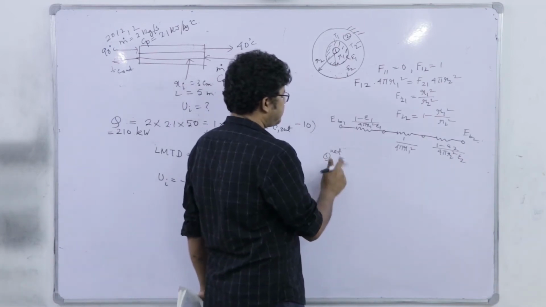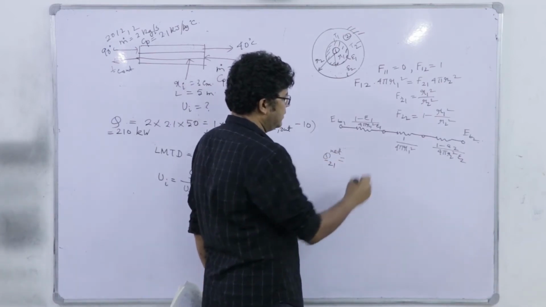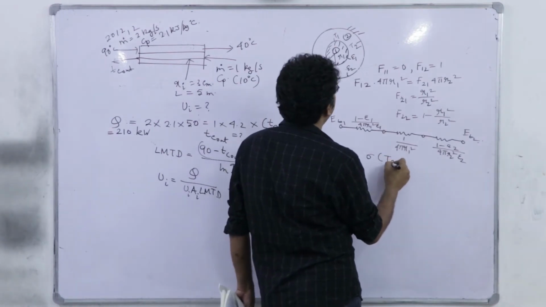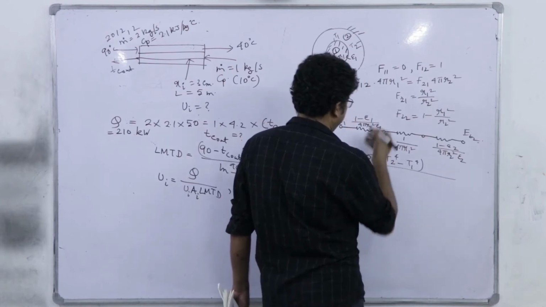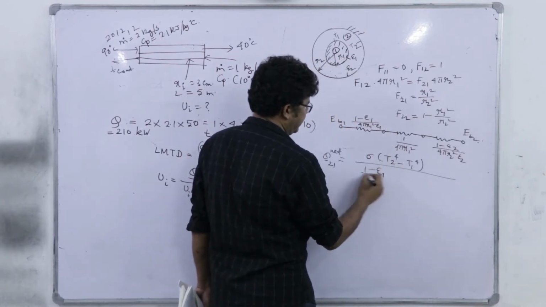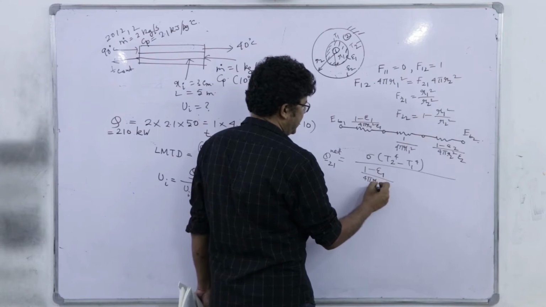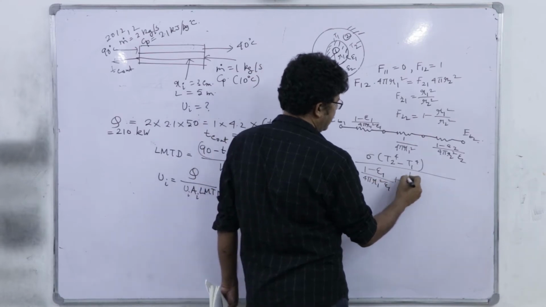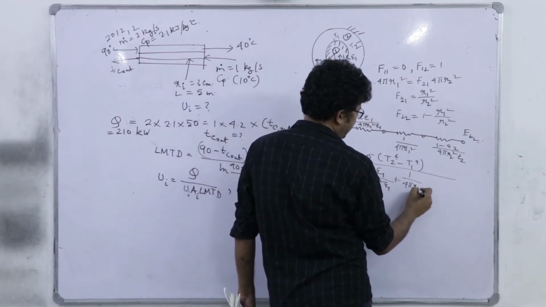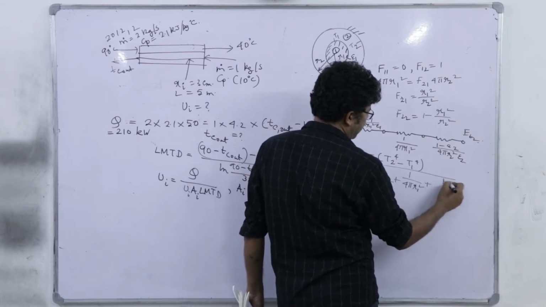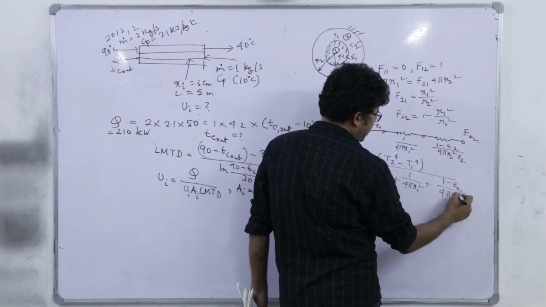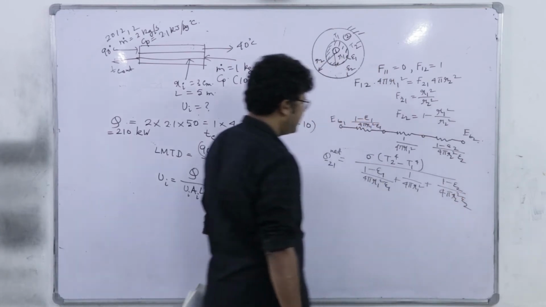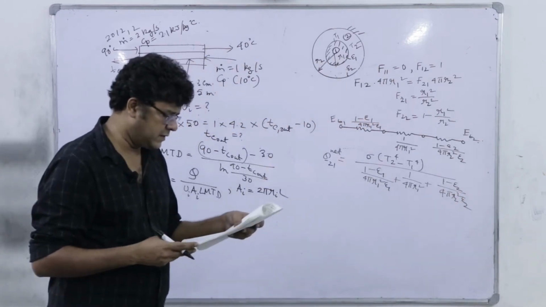So it is basically Q21, which is sigma (T2 to the power 4 minus T1 to the power 4) divided by all these: (1 minus epsilon 1) by 4 pi R1 square epsilon 1, plus 1 divided by 4 pi R1 square, plus (1 minus epsilon 2) by 4 pi R2 square epsilon 2. So that is the radiative transport.